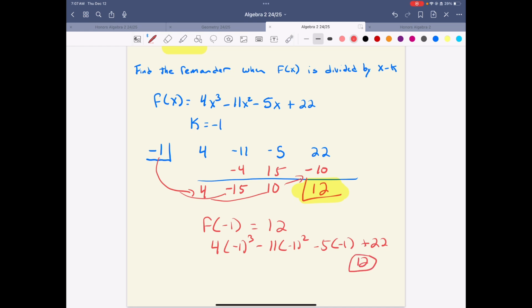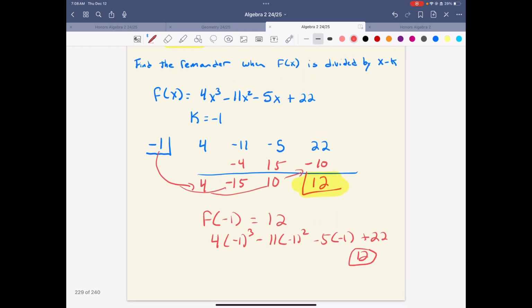And this is called the remainder theorem. That remainder theorem allows us to really evaluate, in this case, f of -1. Again, you're just going to be asked to find the remainder today, and just understand that that's what the remainder does.